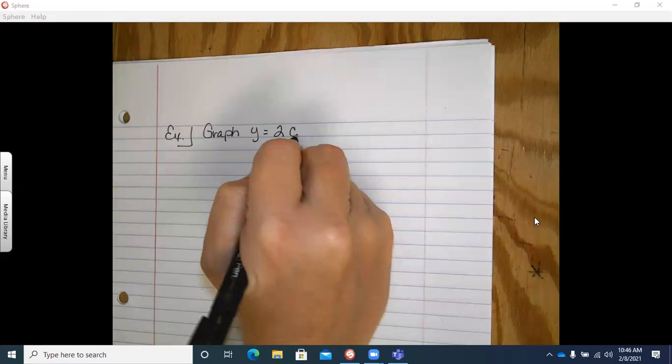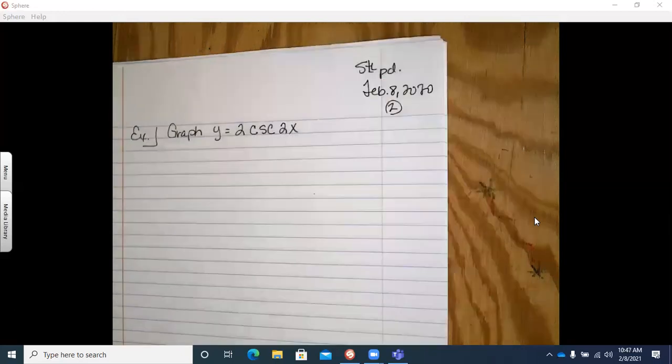So if we're graphing cosecant, what other trig function are we going to graph first to help us?